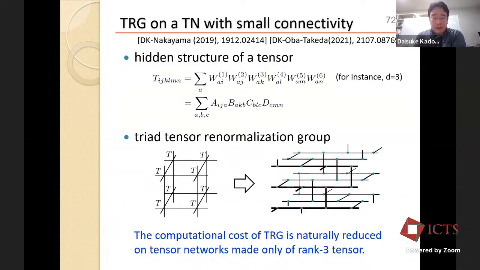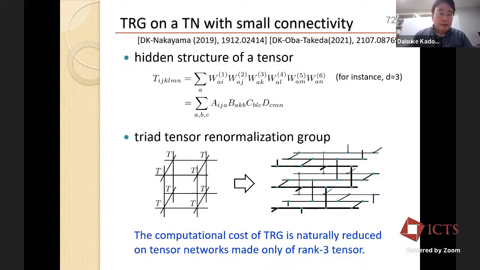I proposed the tensor renormalization group method on this tensor network made only of rank 3 tensors. The computational cost of TRG is naturally reduced because the cost of taking the contraction for rank 3 tensors is not high.